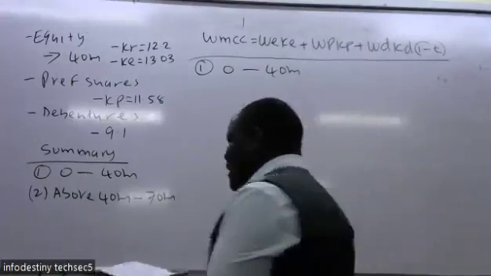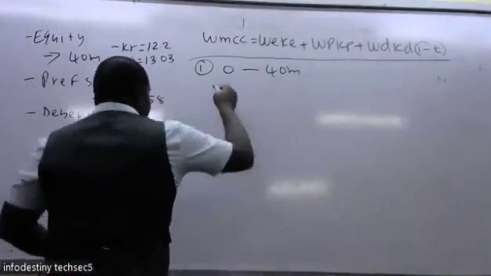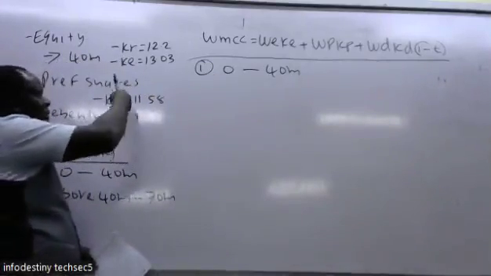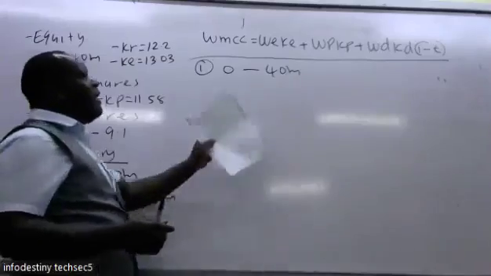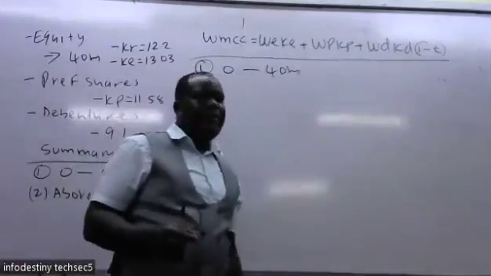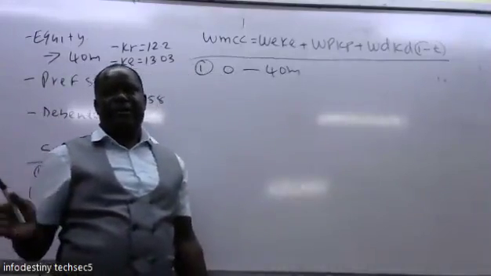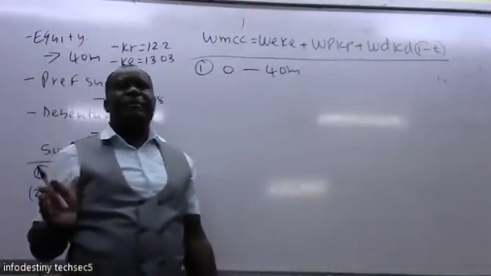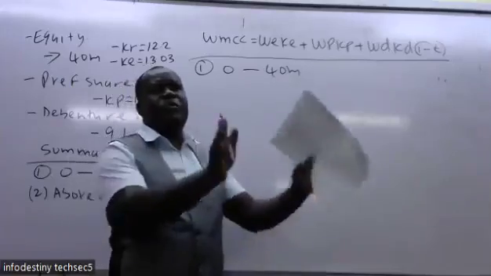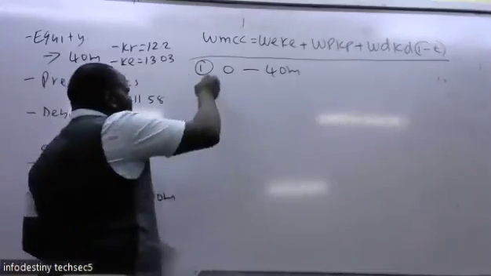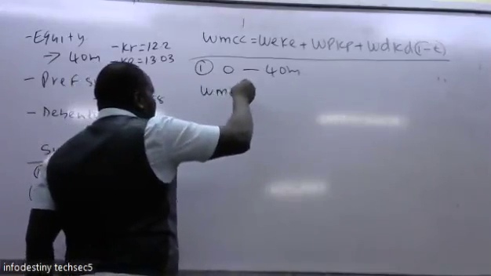So to calculate our W, these others have no breakpoint. They will apply to all of them because they have no breakpoint. But where there was a breakpoint, we specify each to go to its range of the breakpoint. So our WMCC.